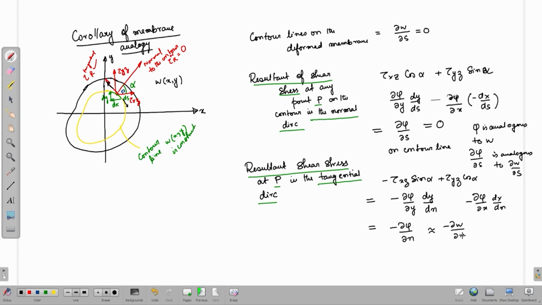Therefore, the resultant of the shear stress at that point is 0 in the normal direction, it is only there in the tangential direction, and in the tangential direction it is equal to the slope of the deformed membrane at that point. Del w by del n is nothing but the slope of the deformed membrane.